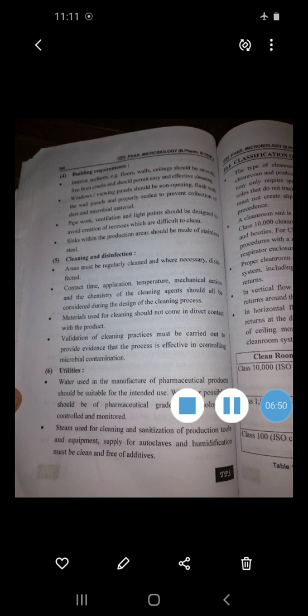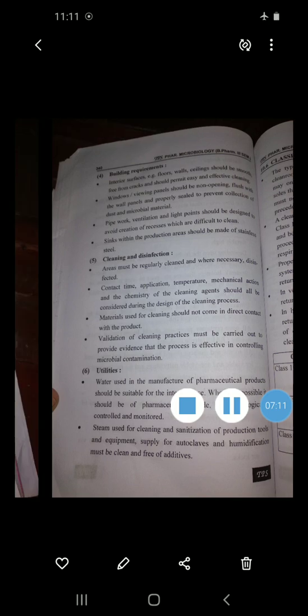In vertical flow rooms, this means the use of low air returns around the perimeter of the zone. In horizontal flow applications, it requires the use of air returns at the downstream boundary of the process. The use of ceiling mounted air returns is contradictory to proper clean room system design.